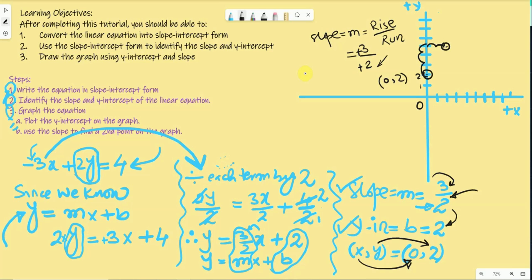So the third point will again be 3 units up, so 1 unit, 2 unit and 3 unit up, and 2 units towards the positive x-axis, 1 unit and 2 unit. So the third point will be here. Let's draw the straight line.